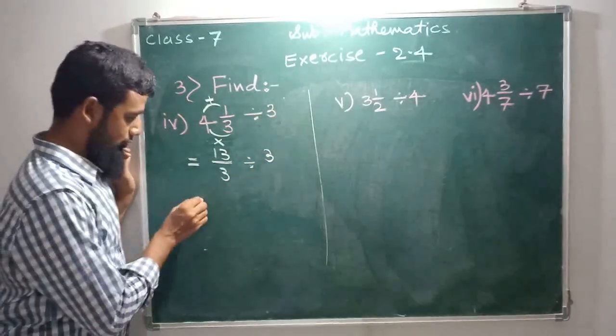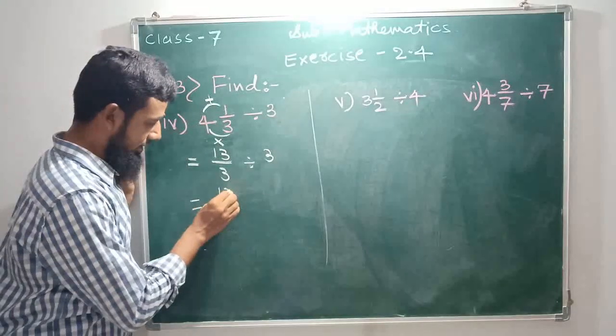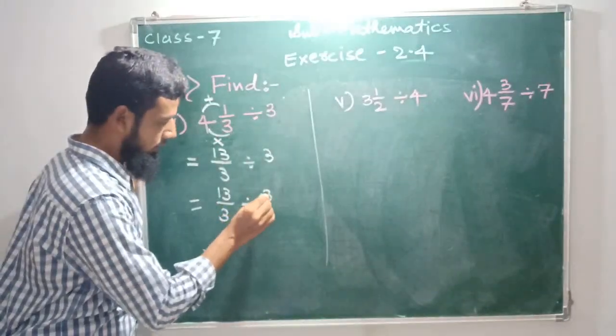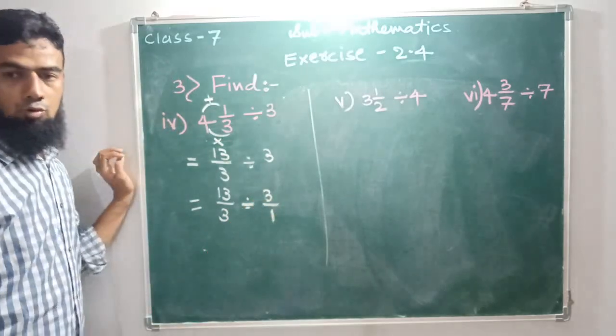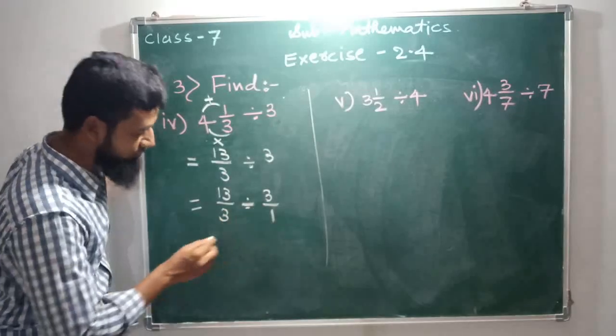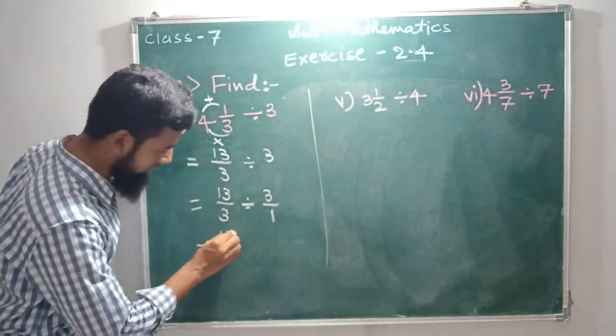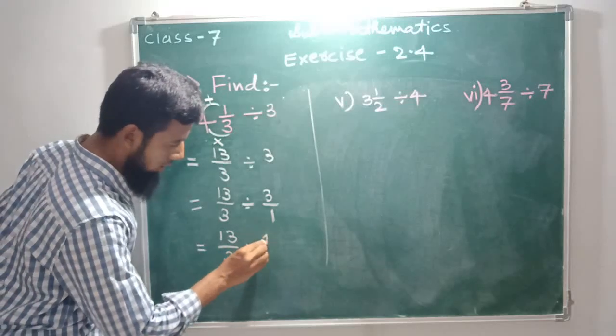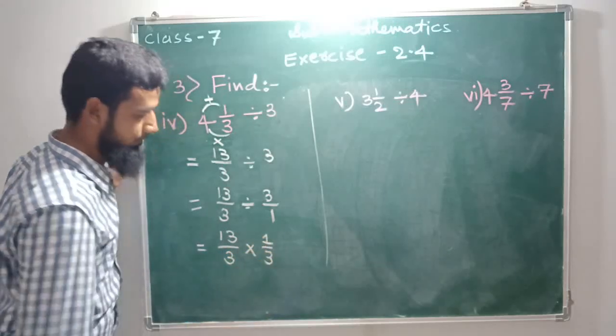Understood? Now, beta, can I write 3 upon 1? Okay, now we will convert the division symbol into multiplication symbol. So 13 upon 3 multiplied by 1 upon 3.